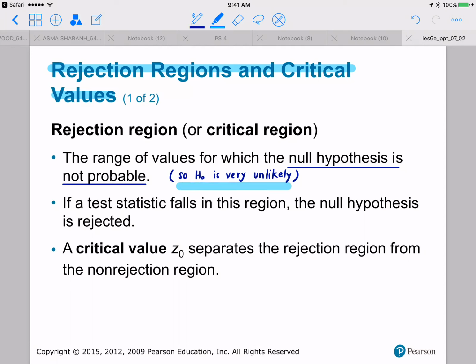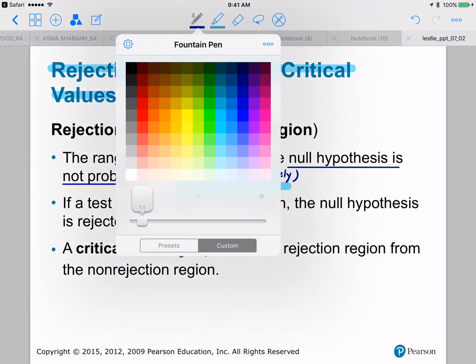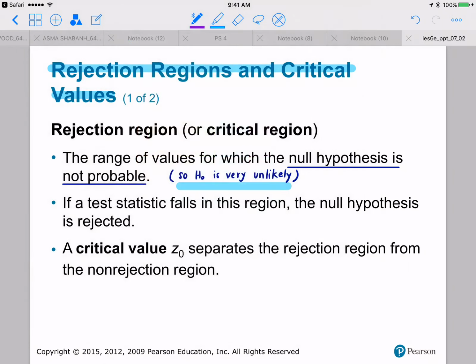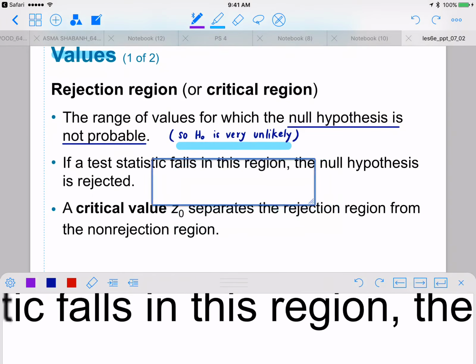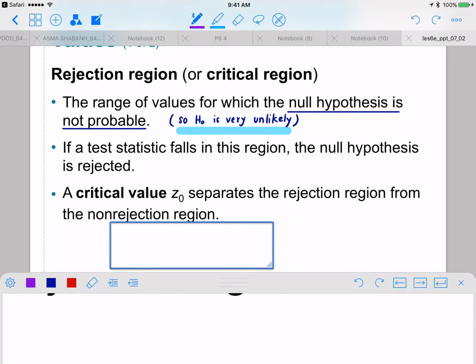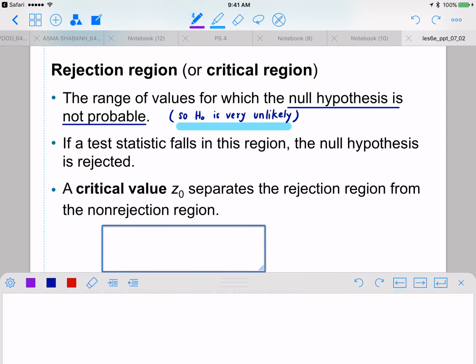A rejection region is the range of values for which the null hypothesis is very unlikely. And essentially we have a brand new decision rule. So our decision rule, let me write it down here, is very simple.